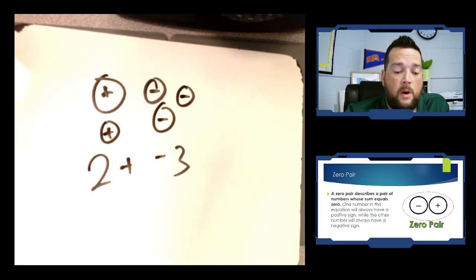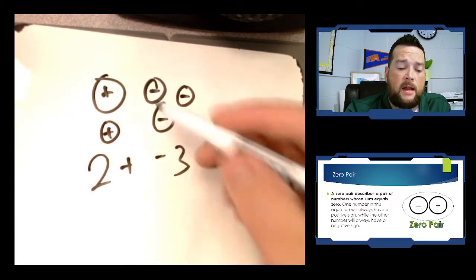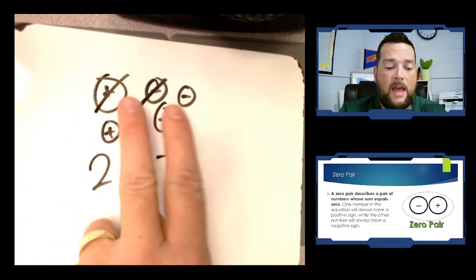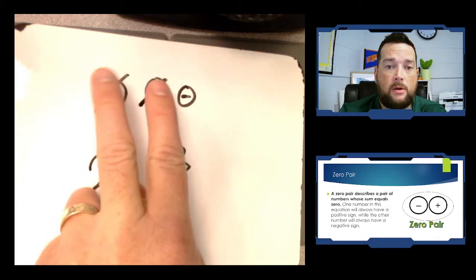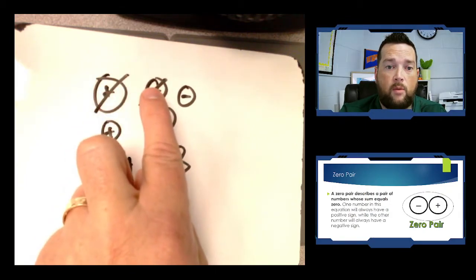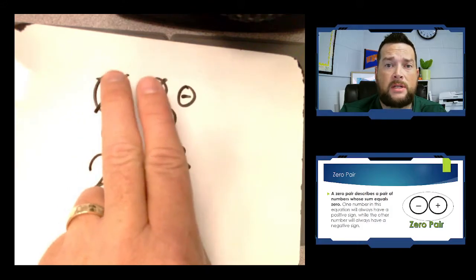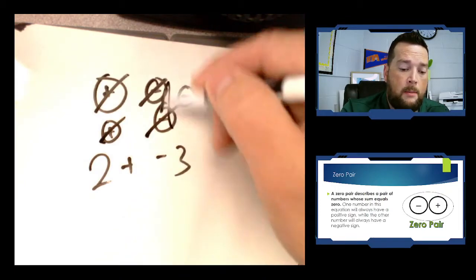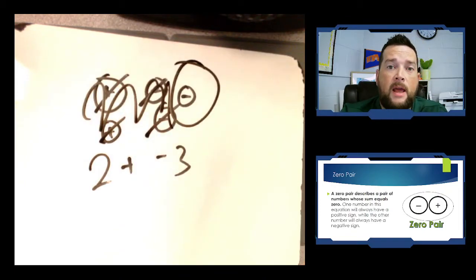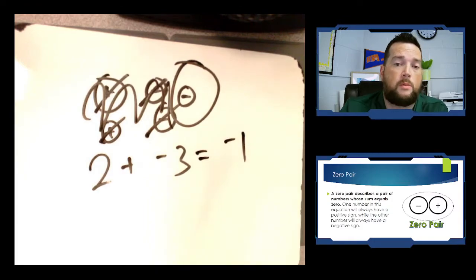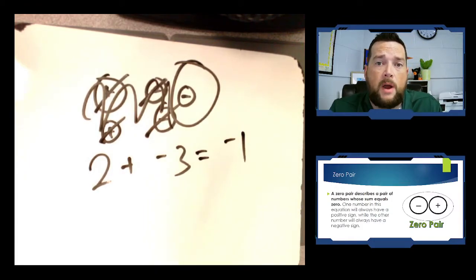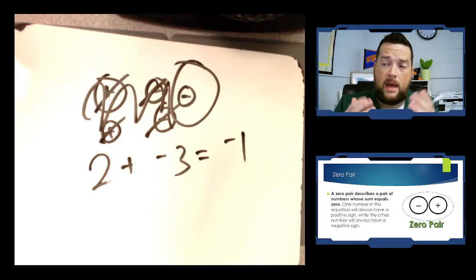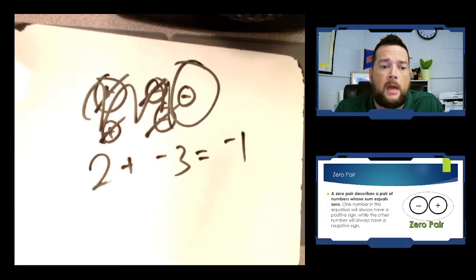We need to understand that a positive and a negative will cancel each other out, because that's a +1 and that's a -1, and when you add those two together, it's going to equal 0. So that's a 0 right there. Here's another 0 right there. That makes all that go away, and all that's left is one negative. So the answer would be -1. We teach the zero pair to help you understand that a positive cancels out a negative, or vice versa. A negative cancels out a positive, all right?